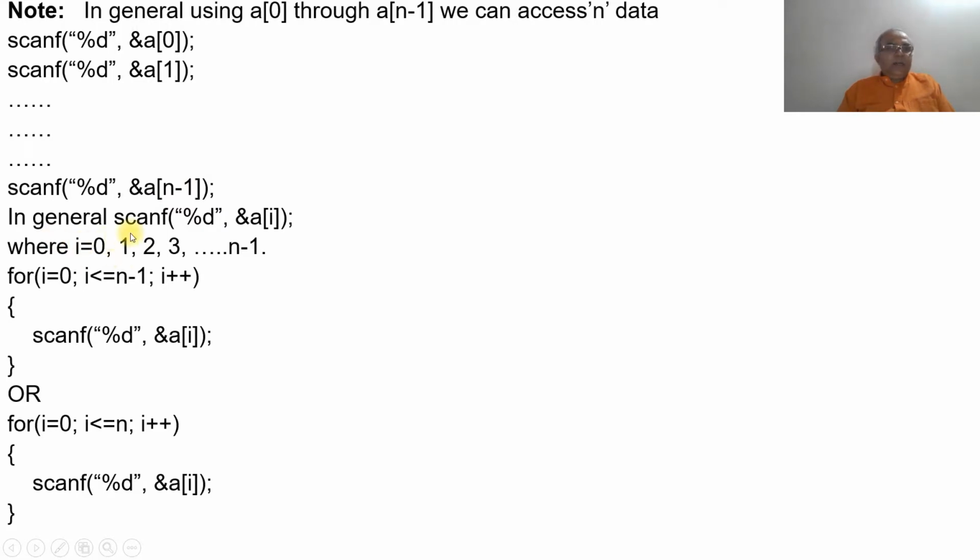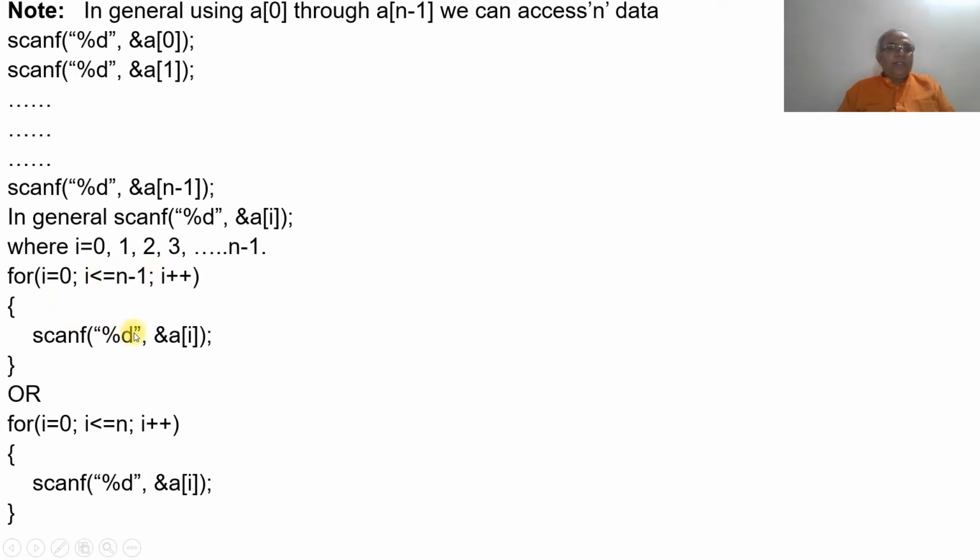In general, scanf("%d", &A[i]), where i is equal to 0, 1, 2, 3 and so on up to n-1. So if you want to read that, for i equal to 0, i less than or equal to n-1, then i++. This is the initialization, this is the end condition, and this is the increment.